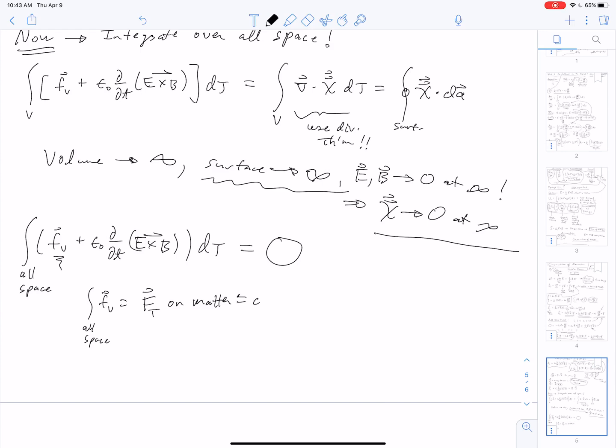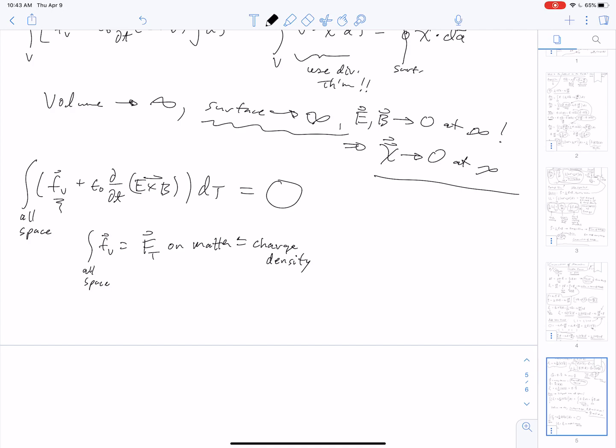The matter is the charge density. That's what matter is. That's what stuff is. That's what me and you are. We're just walking around, charge density. So this integral is the force on the charge density.